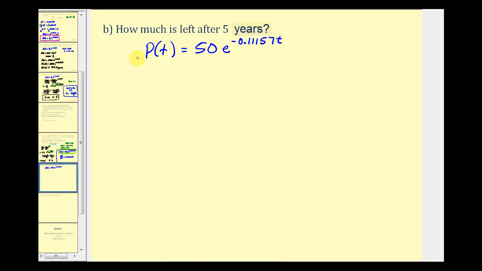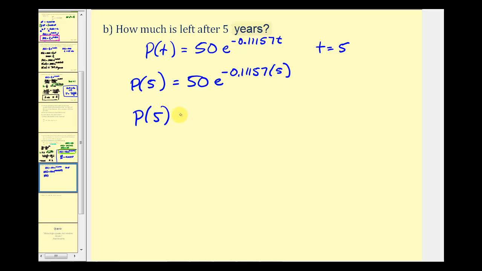Now we want to know how much is left after 5 years, which means t is equal to 5. So we'll substitute 5 for t and evaluate the function. P(5) is equal to 50 times e raised to the power of negative 0.11157 times 5. And we'll go back to the calculator.